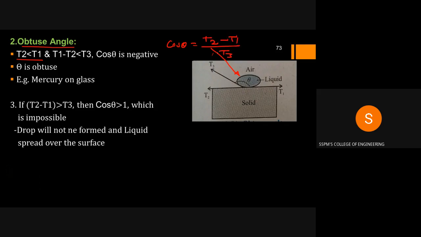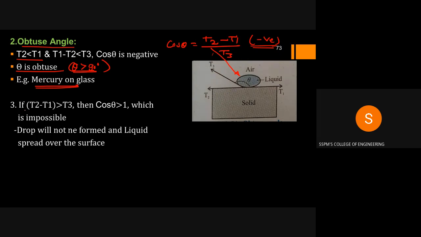Since T2 is less than T1, the numerator is negative, and T1 minus T2 is greater than T3. In this case, theta is an obtuse angle, so theta is greater than 90 degrees. The example is mercury on glass. If you pour mercury on a glass surface, the droplet formed will have an angle of contact greater than 90 degrees.